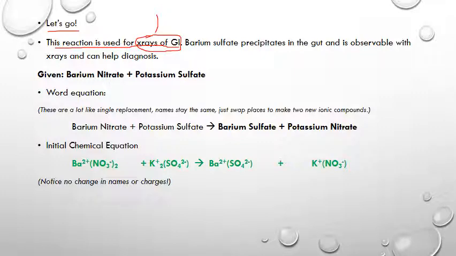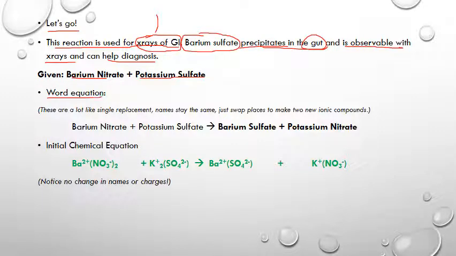They'll give them barium nitrate, and when they swallow it, it'll combine with the potassium sulfate they add to it. The precipitate will sit in your gut, and then they can observe things through x-rays and make a diagnosis.